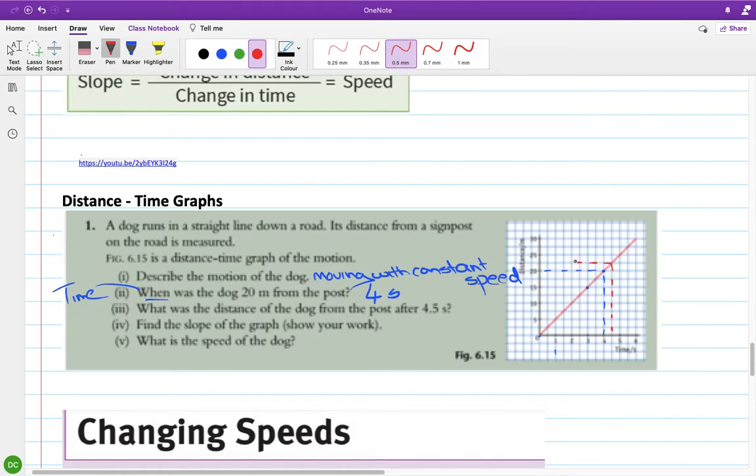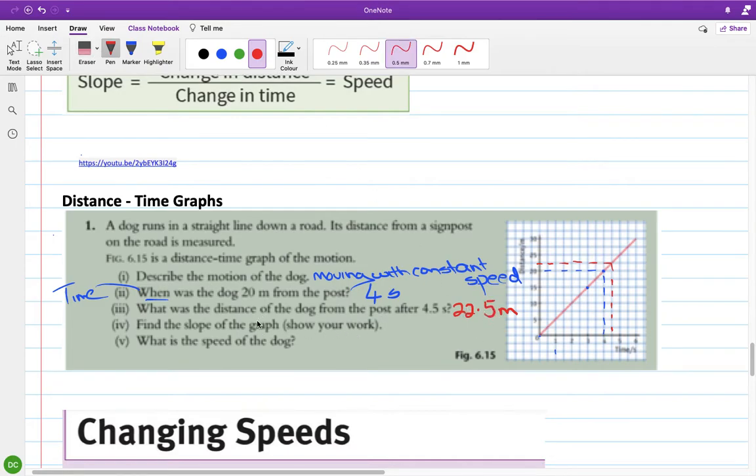I'm going to go across. And I'm absolutely in between 20 and 25. So what's that, 22 and a half? So 22.5 meters.